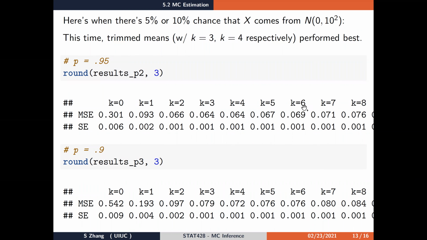So this is a really simple example where we're just trying to conduct a mini Monte Carlo simulation study and see how the trim mean estimator with different Ks performs under different Ps. You might ask, how exactly is this useful in practice?